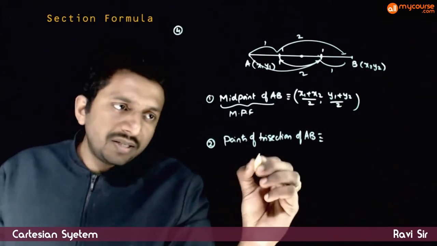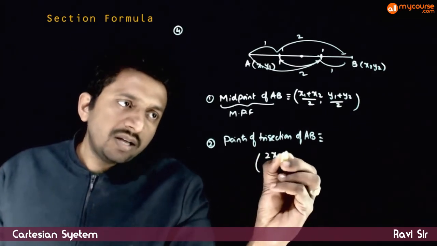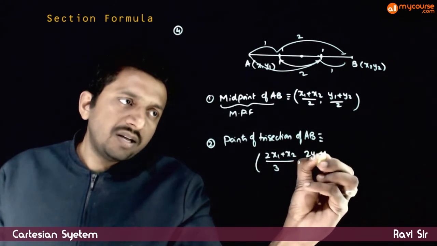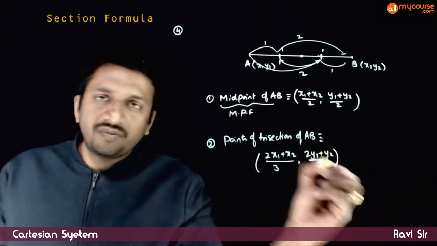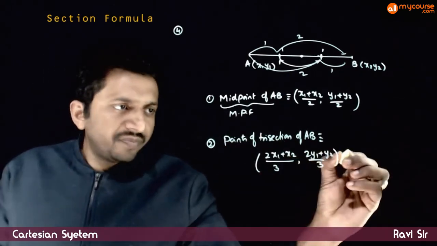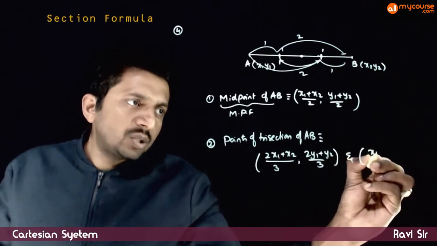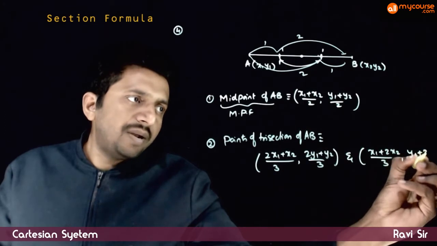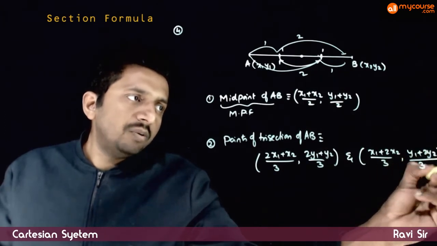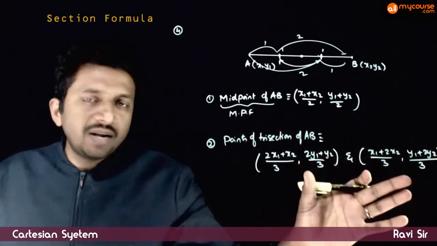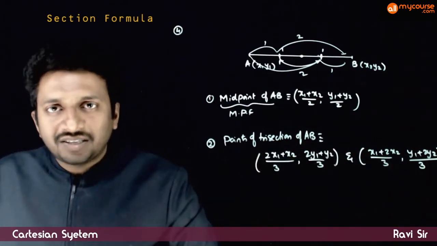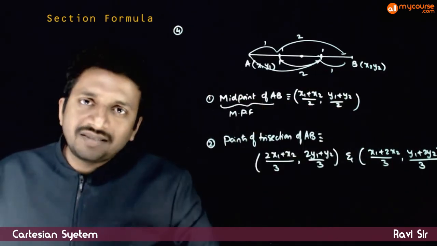So what are the points? You get 2x1 plus x2 by 3, 2y1 plus y2 by 3 is the one point of trisection, and x1 plus 2x2 by 3, y1 plus 2y2 by 3. This is the second point of trisection. So these are the 2 points of trisection that you have for line segment AB.